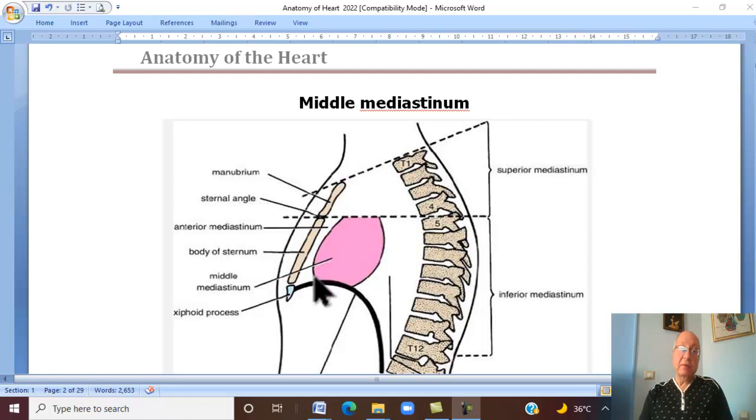By the pericardium, which includes the heart inside, the inferior mediastinum is divided into anterior mediastinum, anterior to the pericardium, and posterior mediastinum, posterior to the pericardium, and the middle mediastinum, which includes the pericardium and the heart inside.